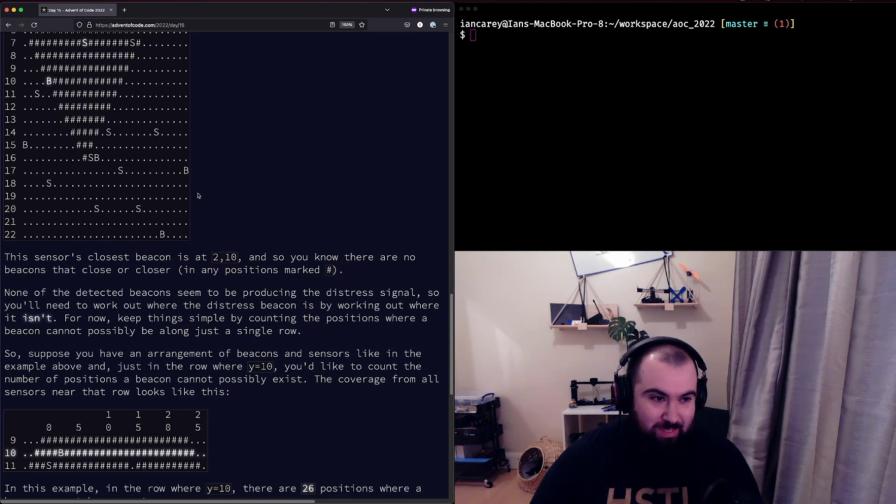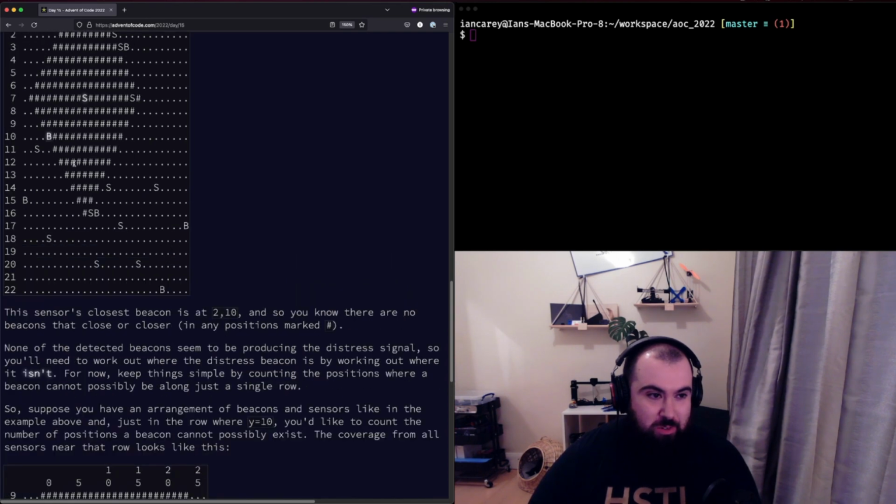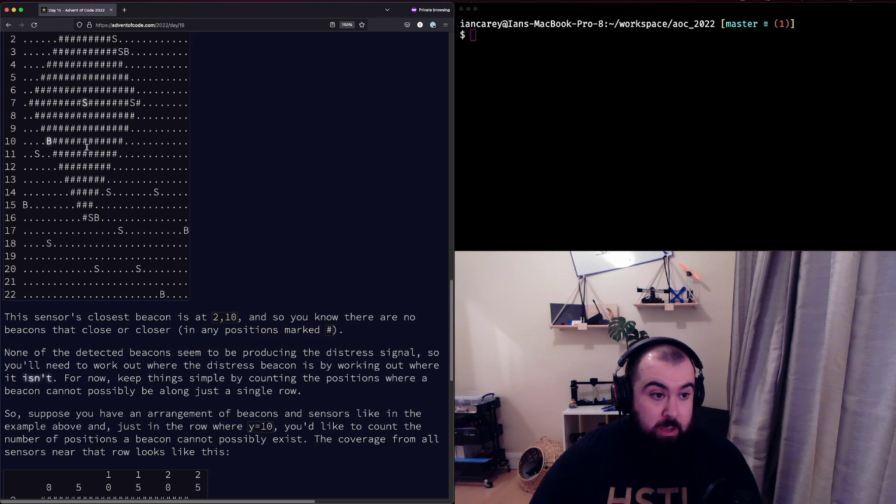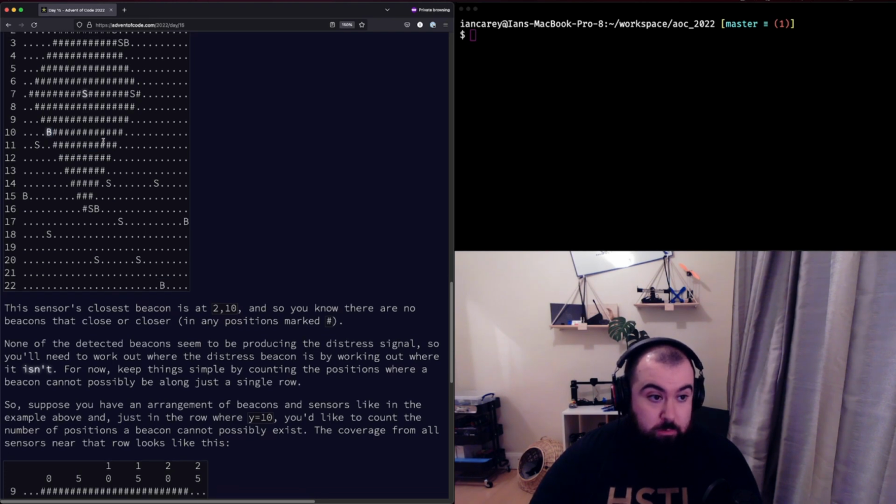So that's kind of complicated, but let's have a look here. In our example, we want to look at line 10 here. We can already see there's a beacon there, but we also know there's no beacon in any of these spots because this sensor can see all these areas. So we know there's not going to be a beacon here.